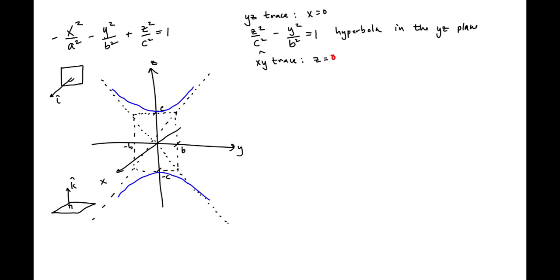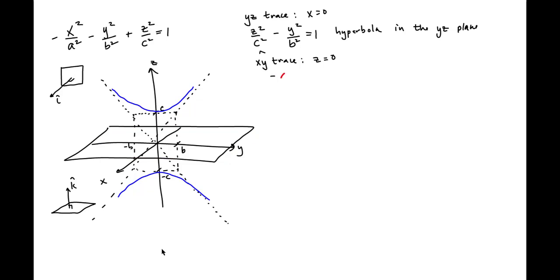I'm going to just draw my plane. Here's our plane. We're going to do z equals 0. So I'm going to put that plane right in the xy plane. And let's see what that would look like. Since we have z equals 0, I'm going to plug that into our equation.